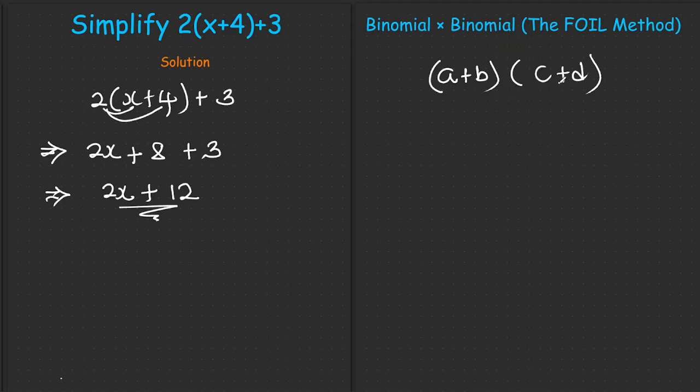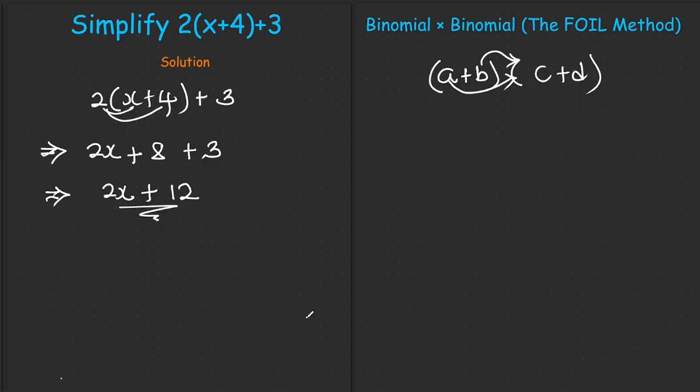Better still, I would say just take your A and distribute it, or distribute both terms in the first bracket over the second bracket. So A should multiply this whole bracket, and then B should also multiply this whole bracket.